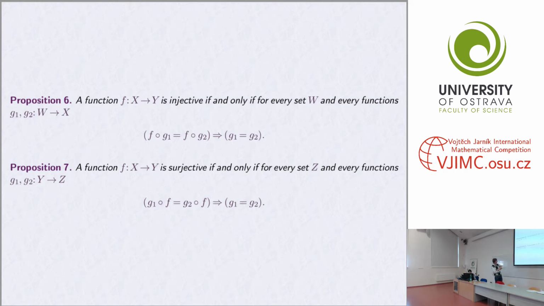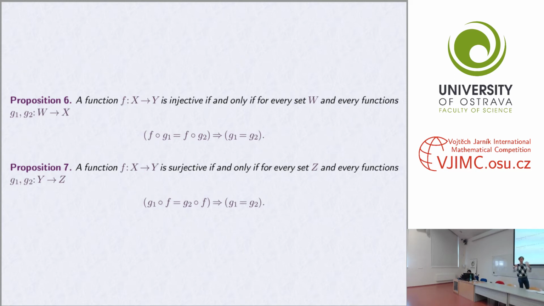So let's try to accept the following cancellation law for our alternate definition of injectivity or surjectivity. First of all, we will say that the function is injective if for any other set and for any other functions g1, g2 going from this set to the domain of our function, if the compositions f with g1 and f with g2 agree, it automatically follows that we can cancel f and just imply that g1 is equal to g2.